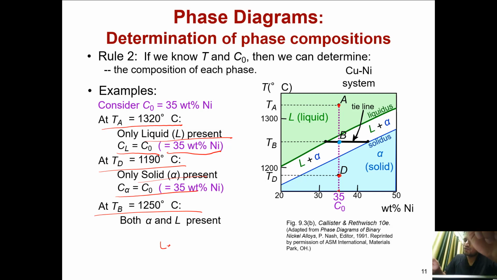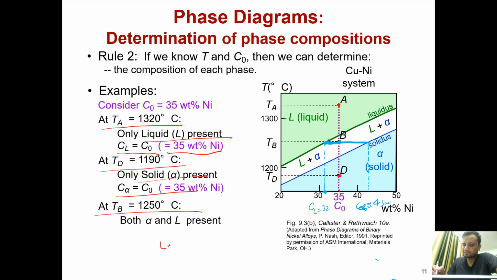To do that, we draw a horizontal line like this. Since this line is touching the liquid, it will give us the liquid composition, and since this line is touching the solid, it will give us the solid composition. So we will have C_L approximately 32 weight percent, and C_s, that is C alpha, around 43 weight percent.